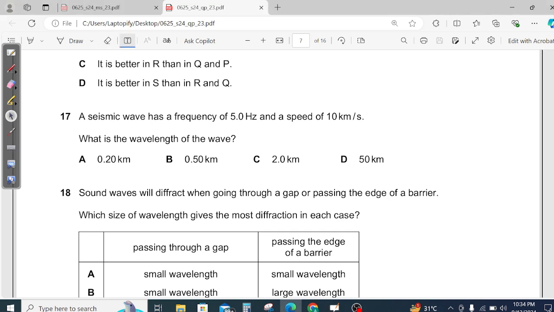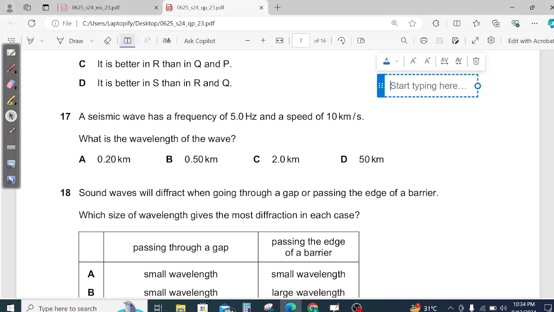We have a formula, V is equal to F lambda. I will write here only lambda, where lambda represents the wavelength. Speed is given as 10 km.